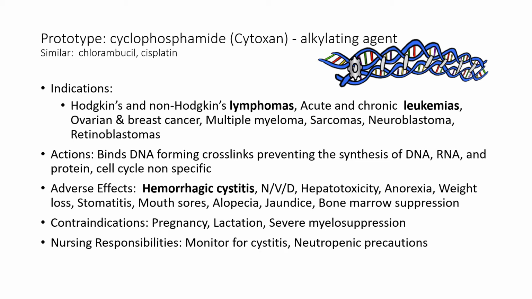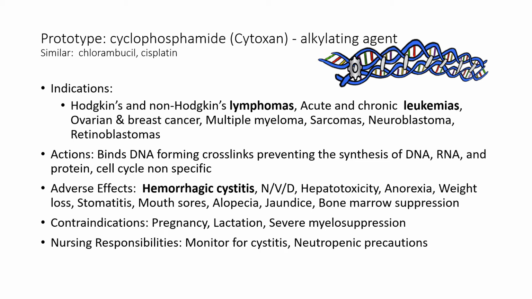Non-Hodgkin's lymphoma is a cancer of the lymph nodes, typically in the chest and the abdominal lymph nodes, and it's often in slightly older people in their 50s, 60s, or 70s, and not necessarily as treatable as Hodgkin's lymphoma.